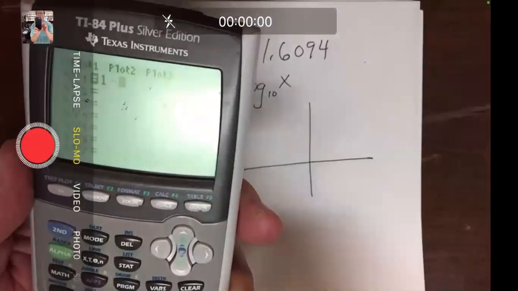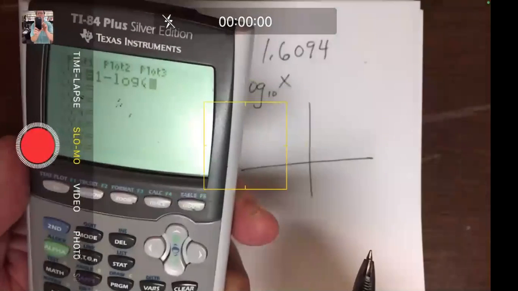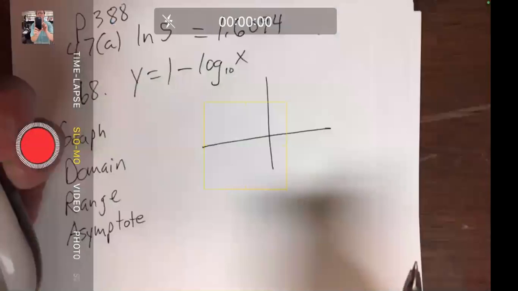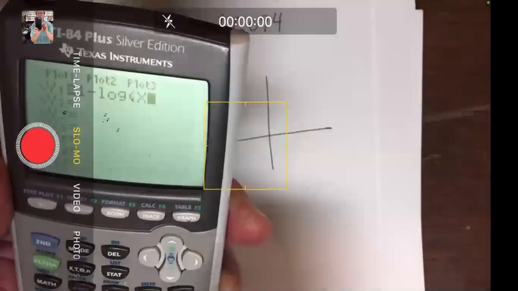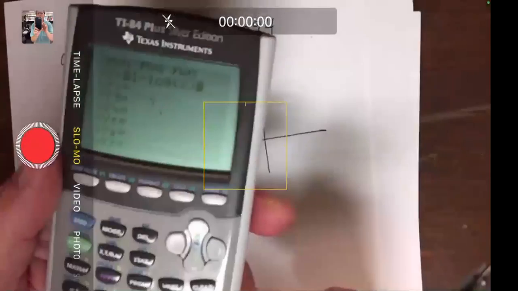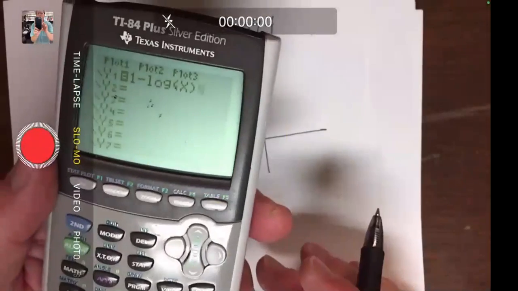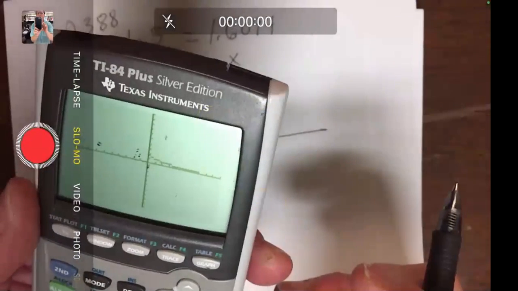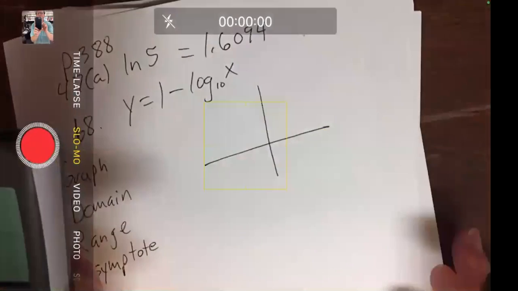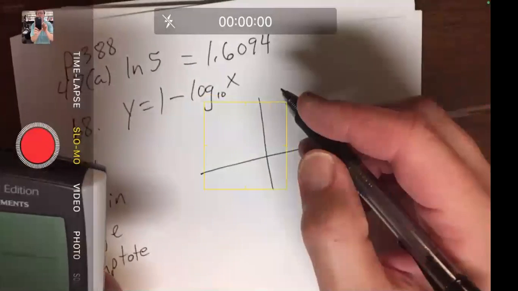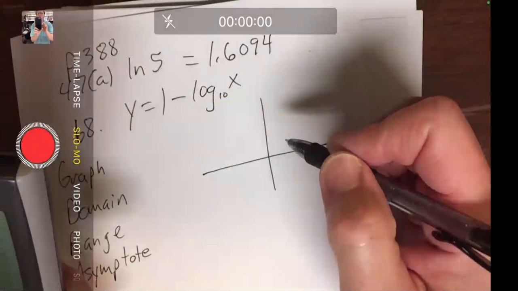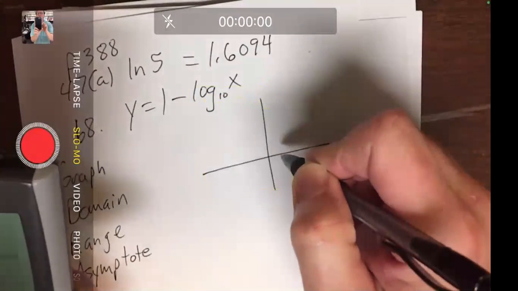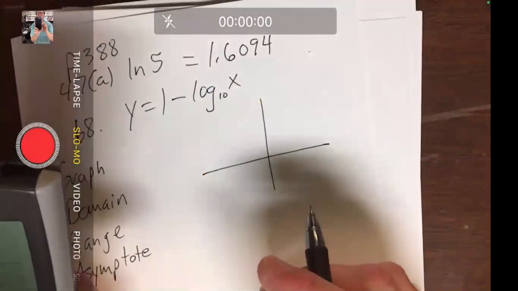Of 1 minus log of x. The graph, and it would appear that we are, it's hard to draw these things clearly.